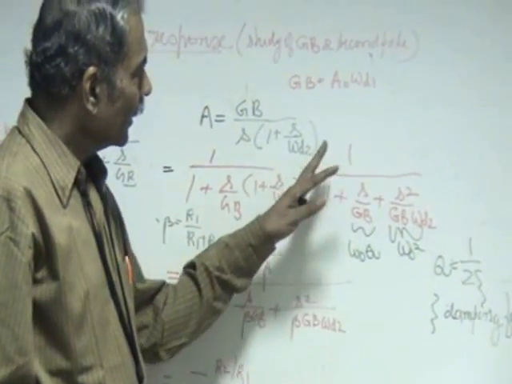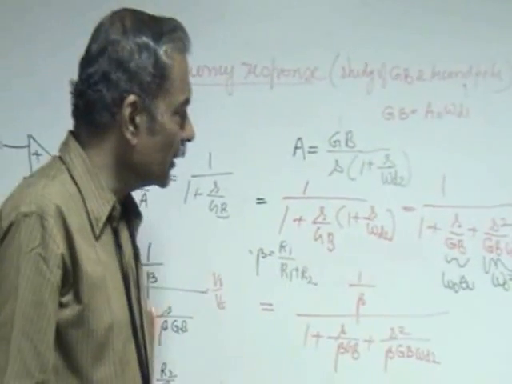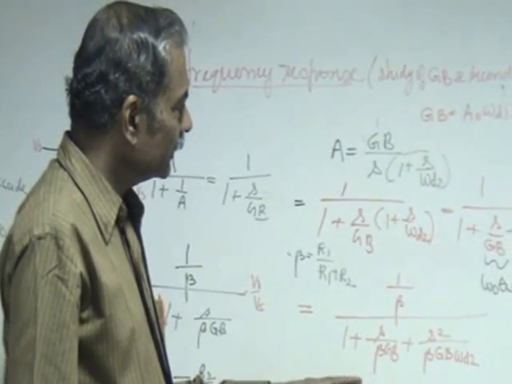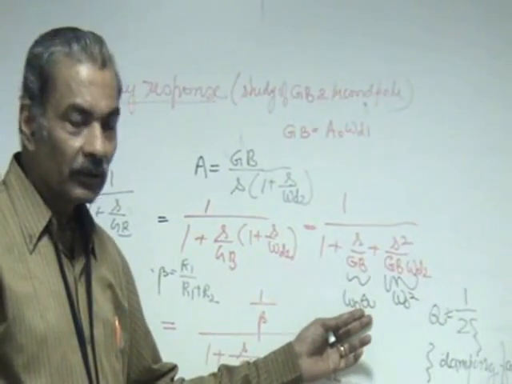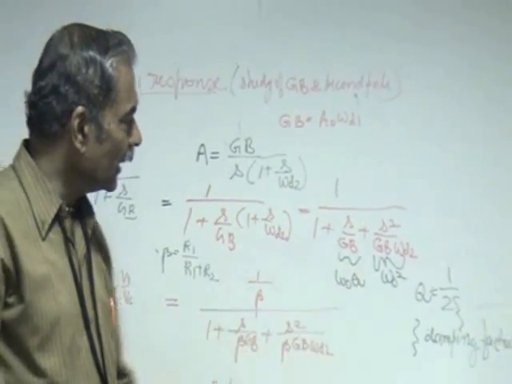So this characterizes any second order system, and what happens with this is that there is going to be a peaking due to the fact that Q is going to be high.